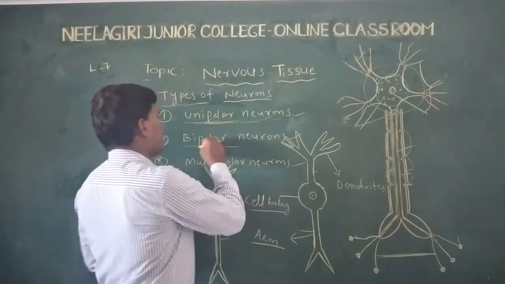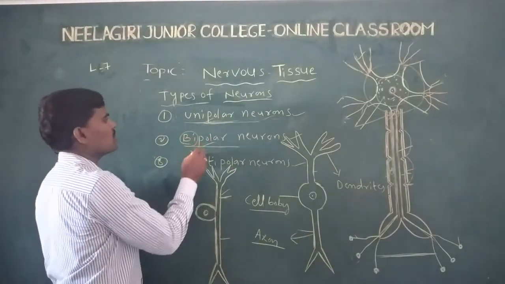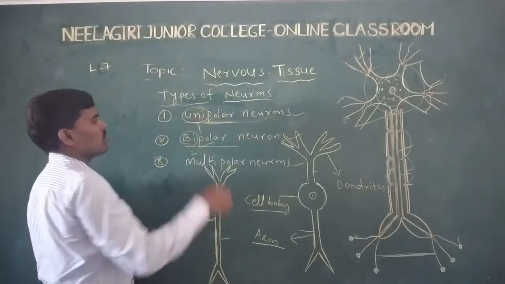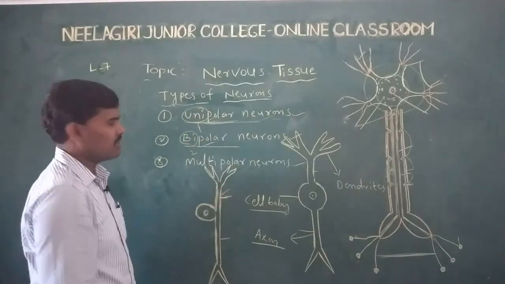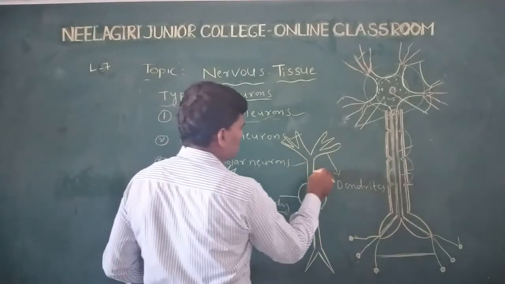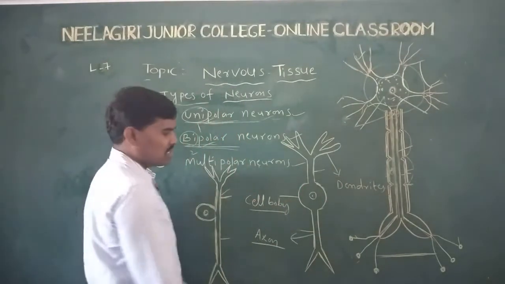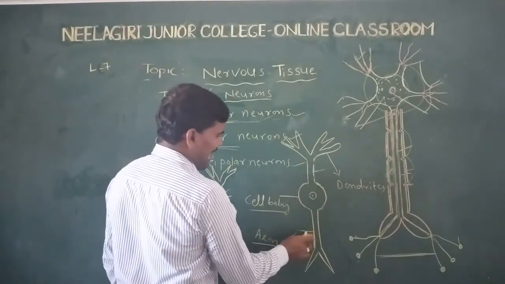Single dendrite and single axon is called bipolar neurons. Bi means two. Uni means single, only one axon is present. Bipolar means two: only a single dendrite and a single axon.